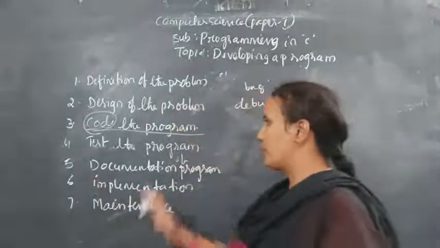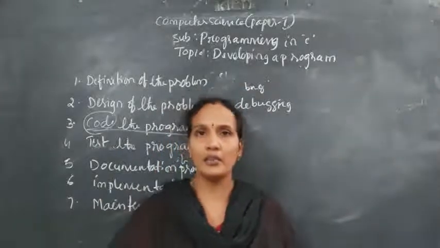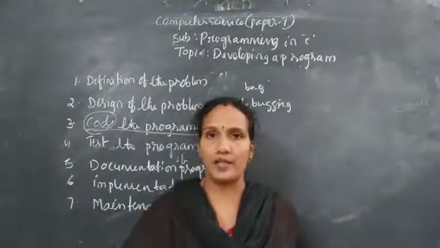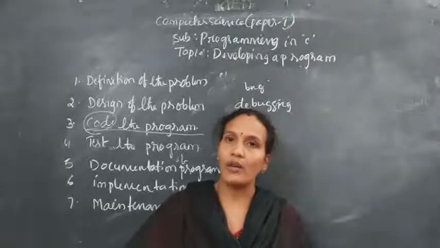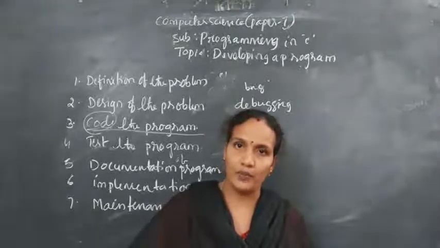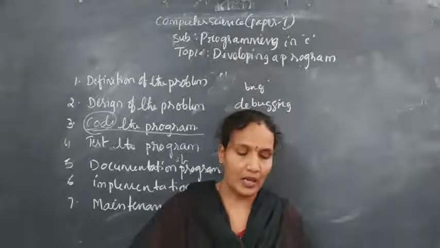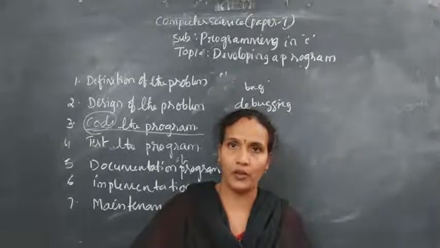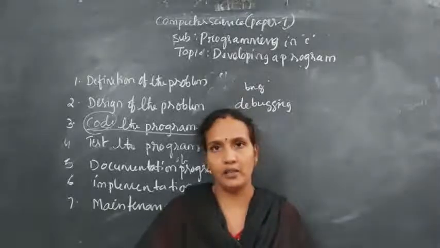Now come to the fifth step, documentation. Documentation is nothing but the writing part. Whatever procedure you have followed, the definition of the program, the inputs, the expected output, the procedure, and the logic of the program, everything you need to explain on paper.